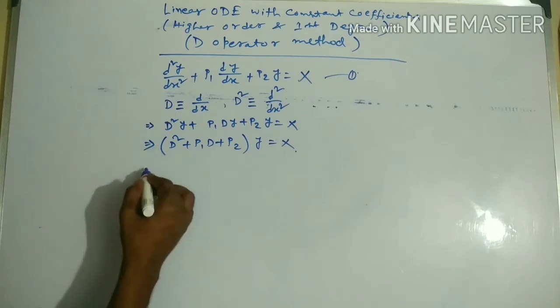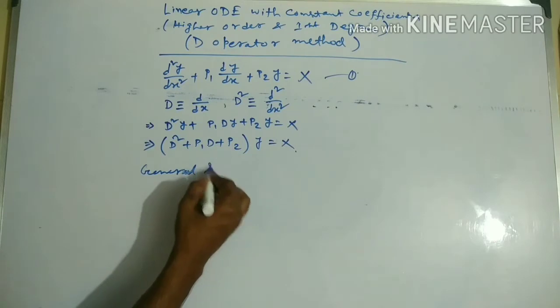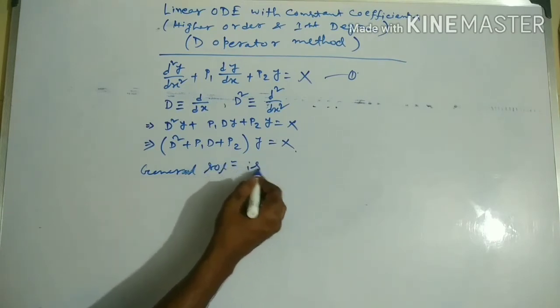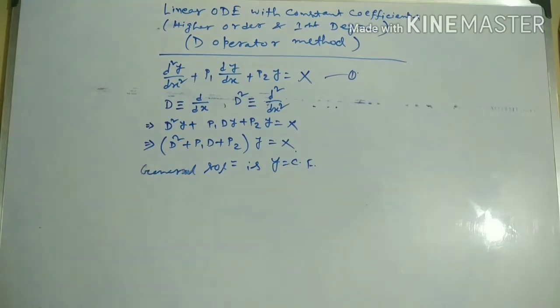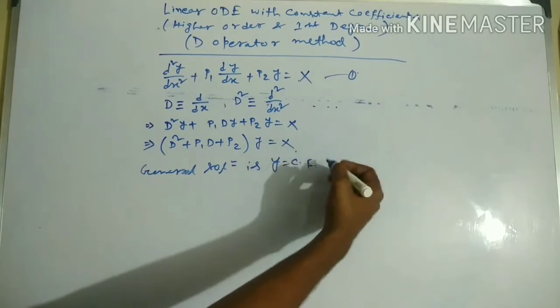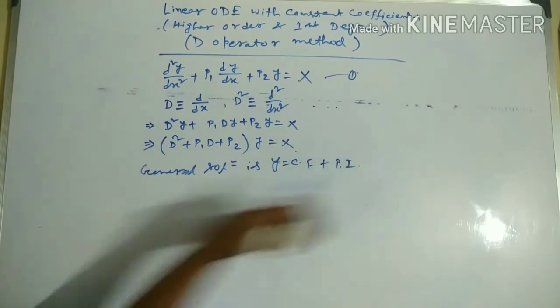I am writing the general form of the general solution. General solution is y equal to CF plus PI. Before solving, I am writing the general solution, it will be easier for you to understand.